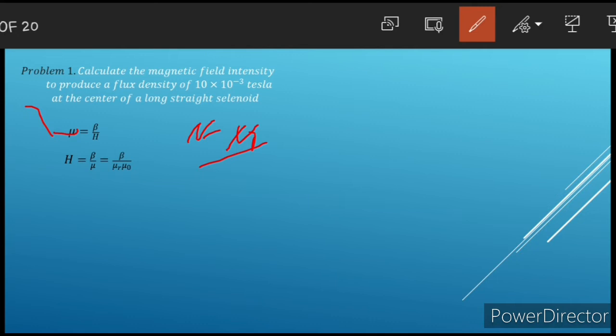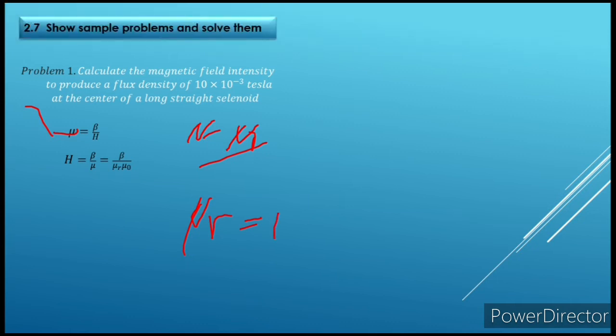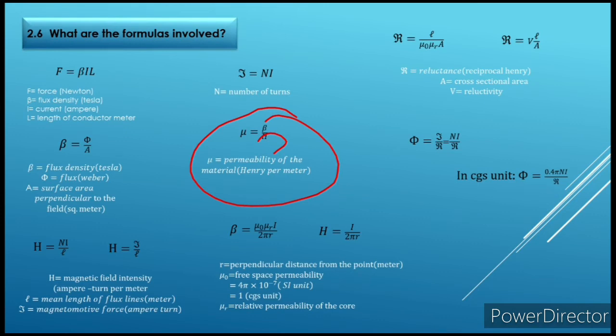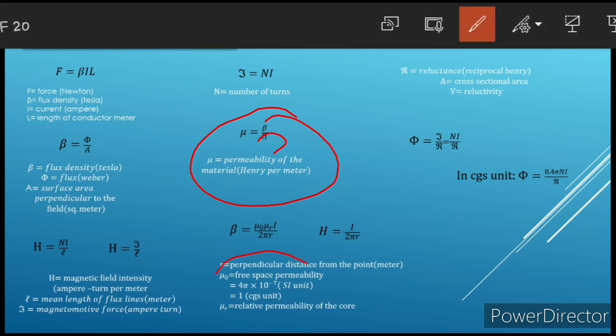For this problem, we will assume that our relative permeability is in air, so the value for our relative permeability is 1. And we all know that the value of the free space permeability, in SI unit, is 4 pi times 10 raised to negative 7. So we will be using this value for our free space permeability.